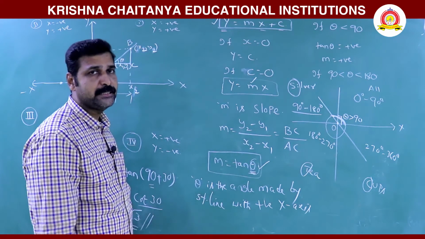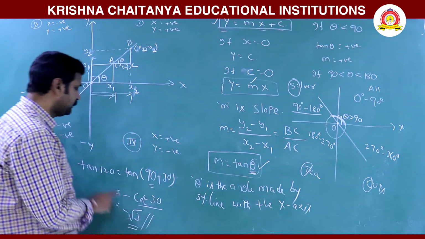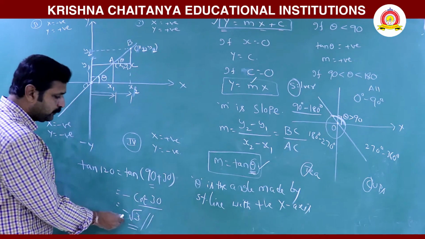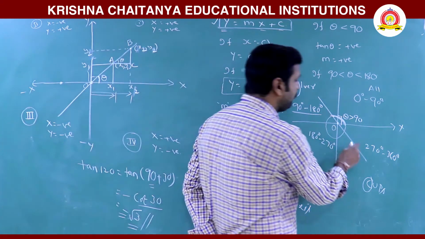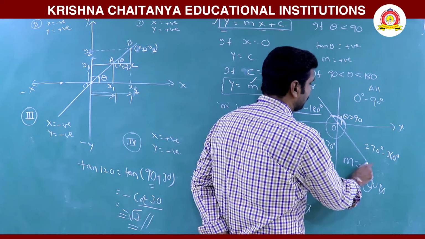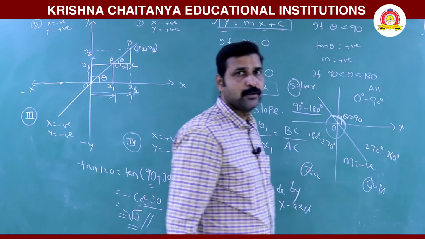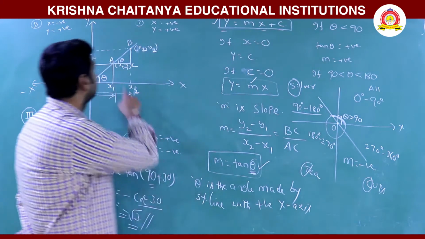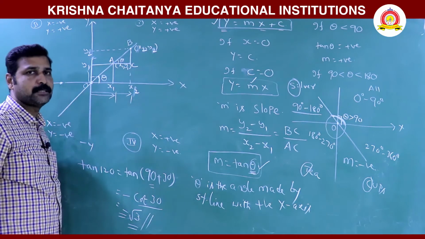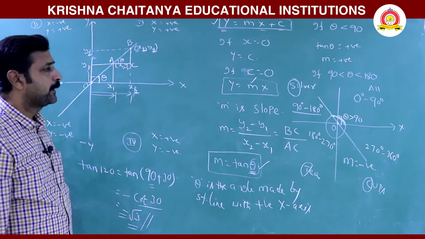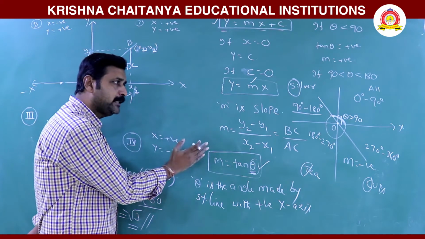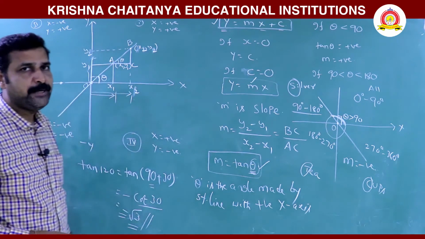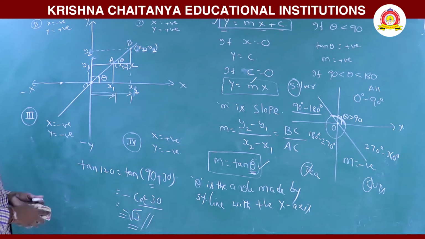So here we considered one example, which is 120, which gives a negative value. So for this graph, the slope is negative, and for this graph, the slope is positive. Always the slope is given by tan theta, where theta is the angle made with the positive x-axis only, remember.